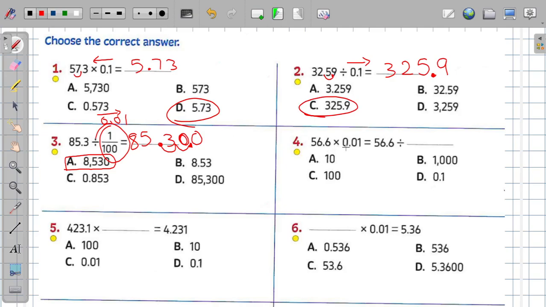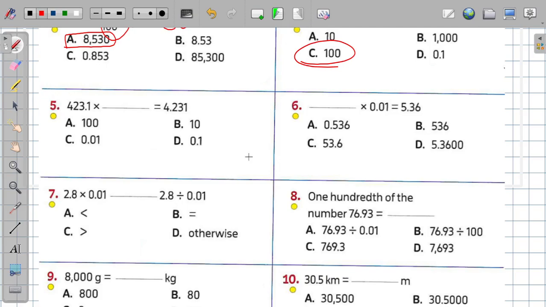Next, I have 56.6 multiplied by 0.01 equals 56.6 divided by what? Multiplying by 0.01 is equivalent to dividing by 100. Next, I have 423.1 multiplying by a number equals 4.231.